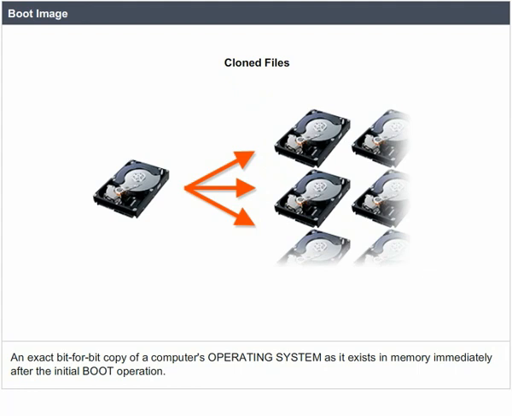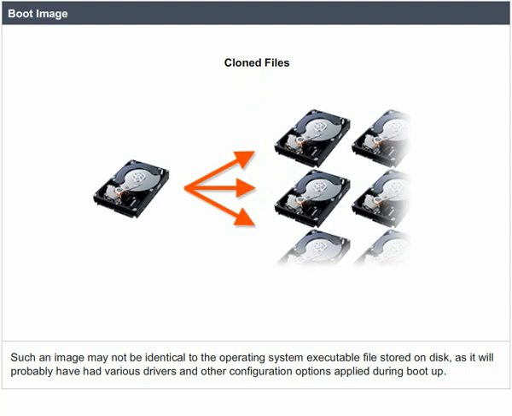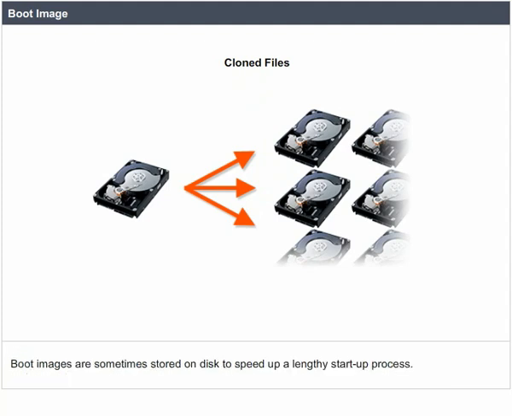An exact bit-for-bit copy of a computer's operating system as it exists in memory immediately after the initial boot operation. Such an image may not be identical to the operating system executable file stored on disk, as it will probably have had various drivers and other configuration options applied during the boot up. Boot images are sometimes stored on disk to speed up a lengthy startup process.